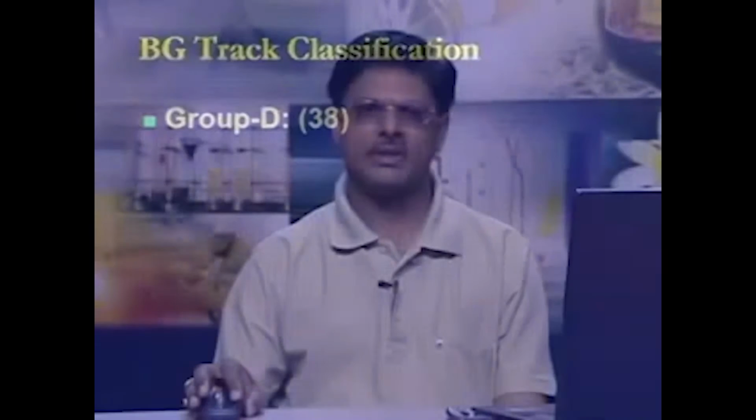So these are the broad gauge track classifications which are there. In the case of group C, we have not gone for the group C conditions because they are the suburban railways, as I have just discussed in the previous slides, that they belong to the local trains moving in Mumbai, Kolkata, Delhi, Madras and likewise.